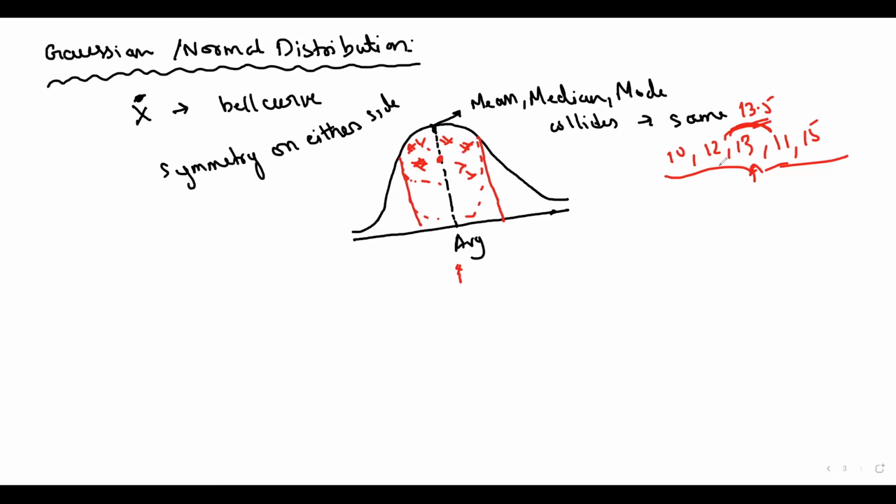It is also approximately the same: 12 is very near to 13, it's very near to 15, it's almost near to 10, right? So our average prediction will be accurate or approximately the same.